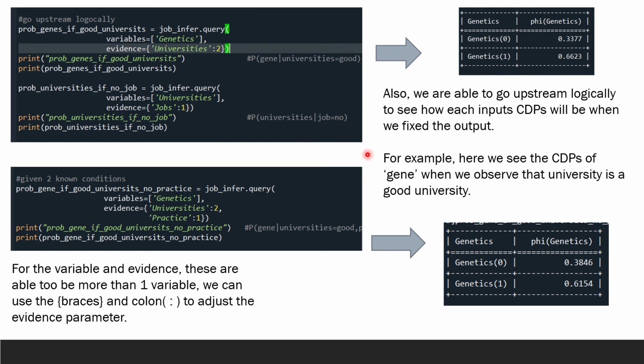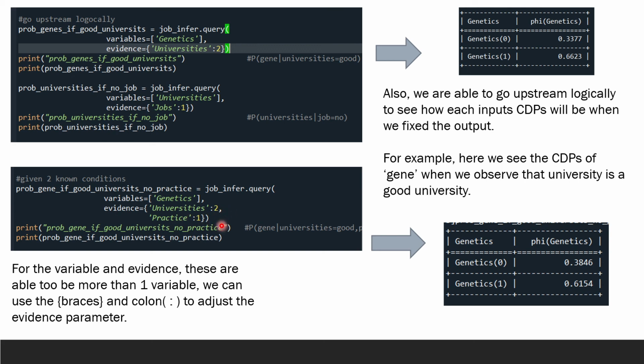For example, here we see the conditional distribution probability of gene when we observe that university is a good university, right? In this example, I just use the comma to connect more given conditions here.